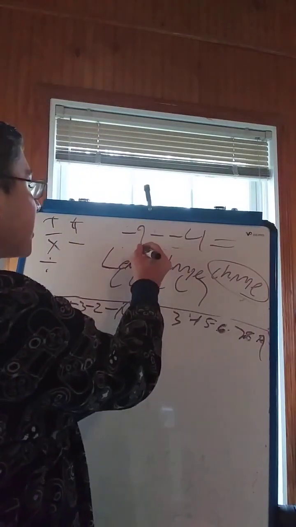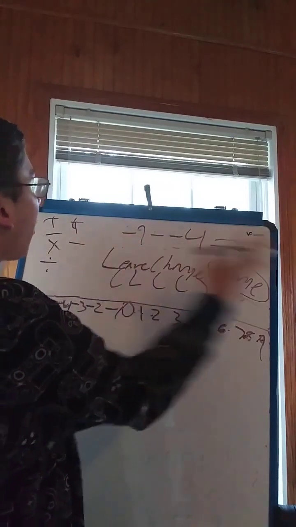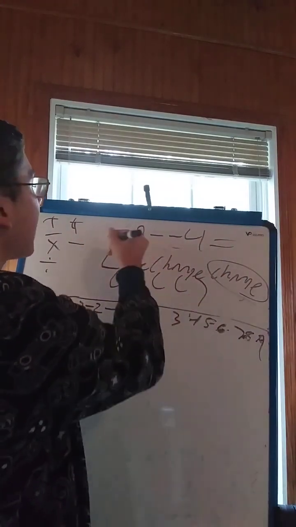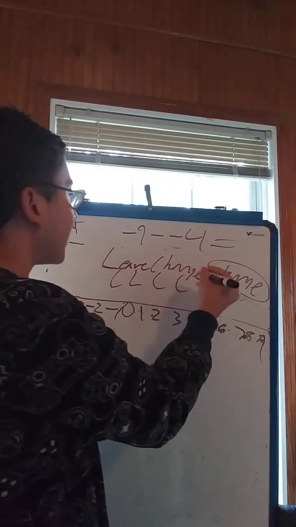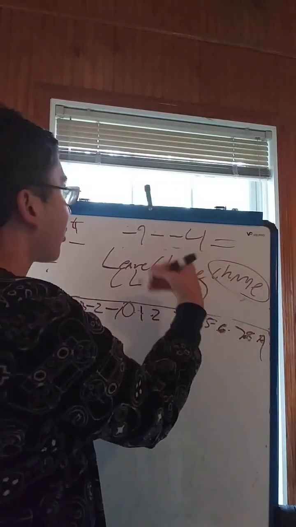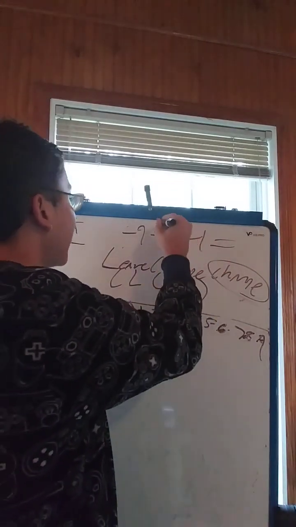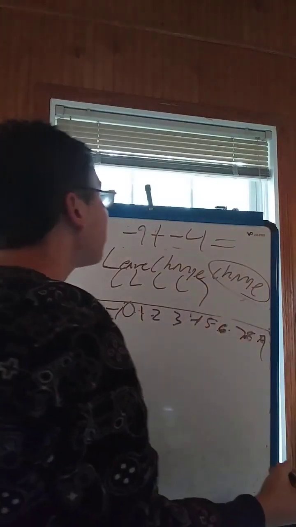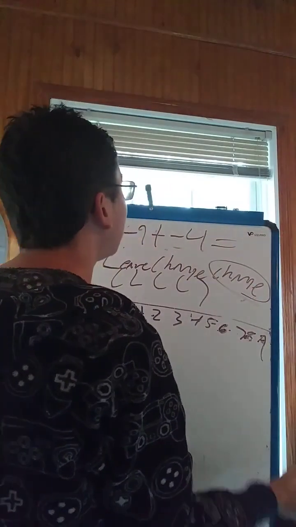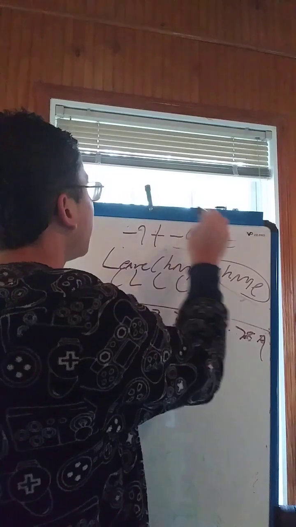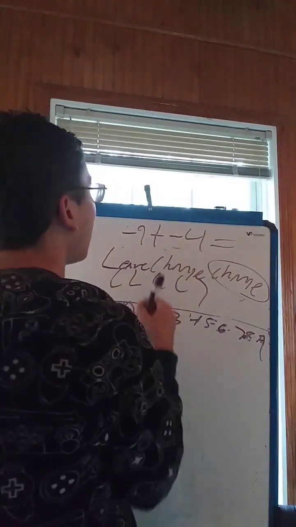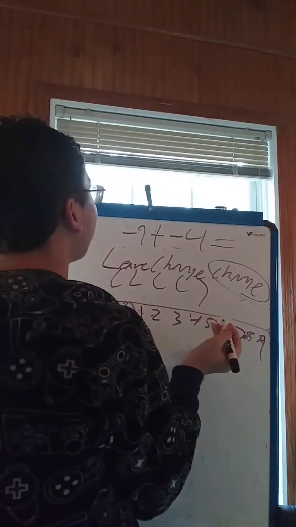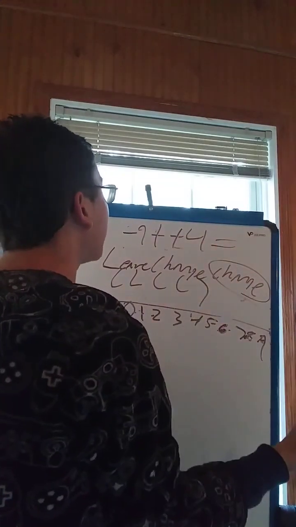So you leave this negative 9, you follow the steps from left to right. You change the sign that you're solving for, so it's the opposite of subtraction, addition. It's really smooth going, as you can see, and then changing the sign of the number to the right. So opposite of negative 4 is positive 4.